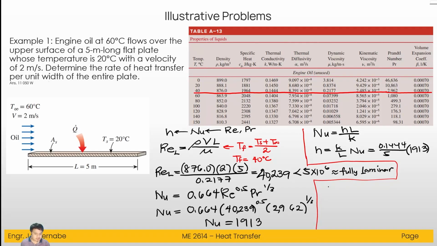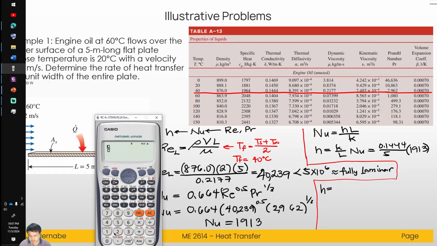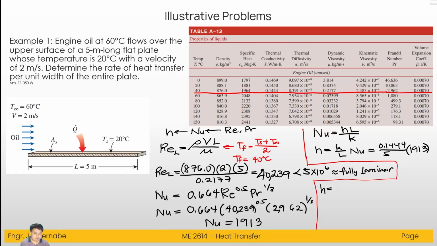So h is 0.1444 over 5 times 1913, which gives 55.25. The unit should be watts per square meter Kelvin.